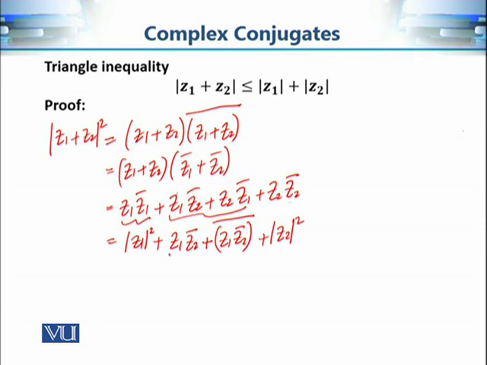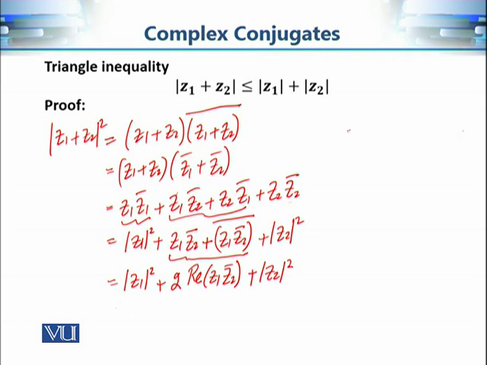Now if we observe this expression, this is the complex number z1 z2 conjugate plus the conjugate of this expression. So by the previous property, this should be equal to 2 times the real part of z1 z2 conjugate, plus the rest of the expression remains the same.